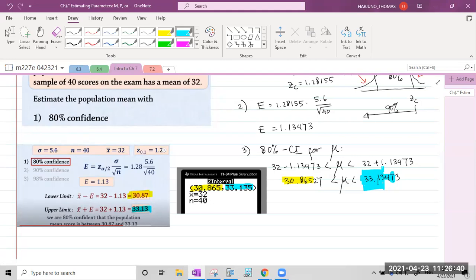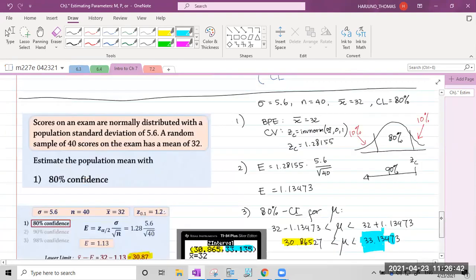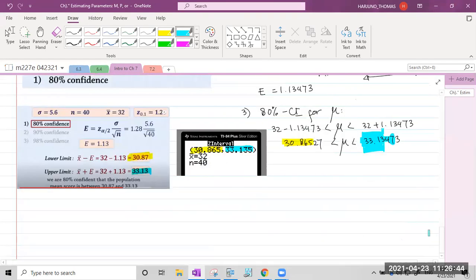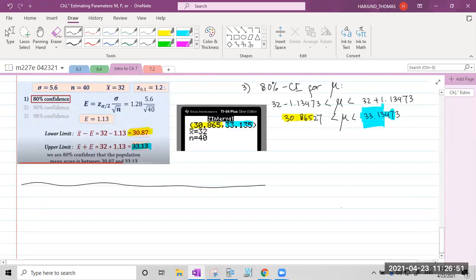Okay, now that's for 7.1. A supplementary topic, which of course I ask in my test also, is the minimum sample size.